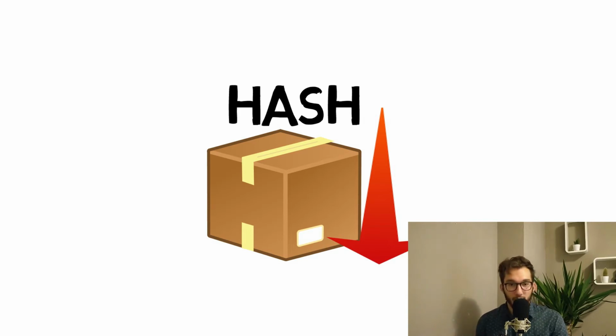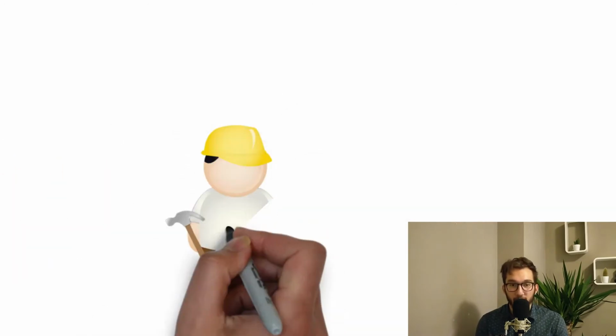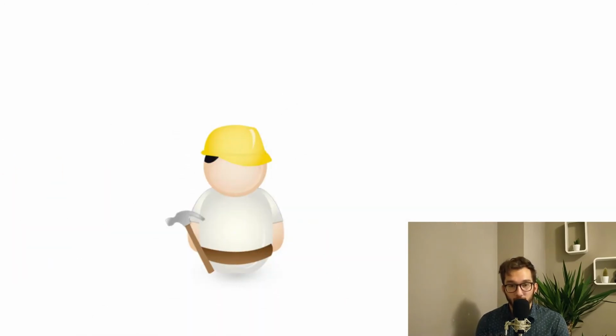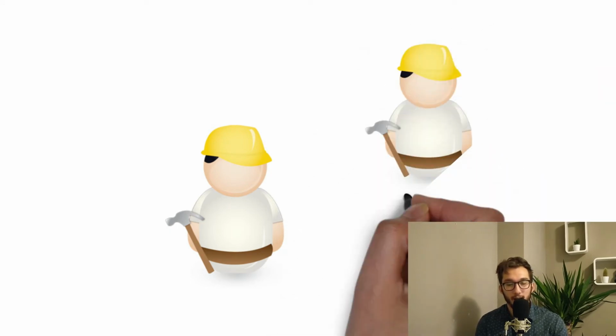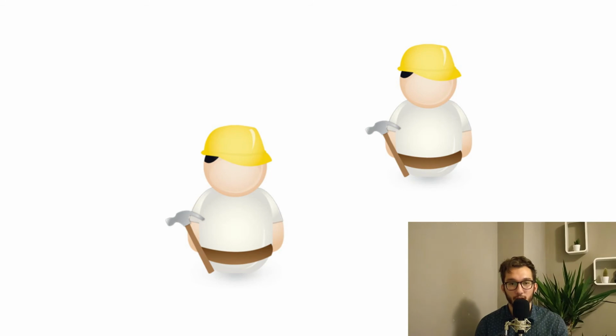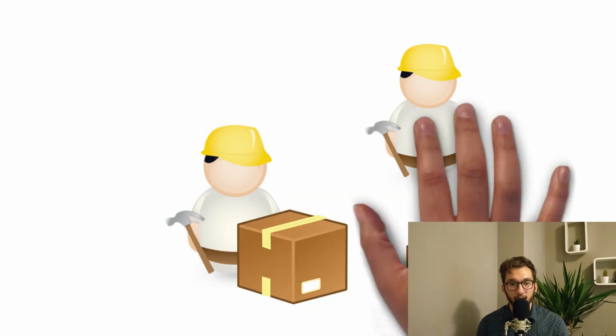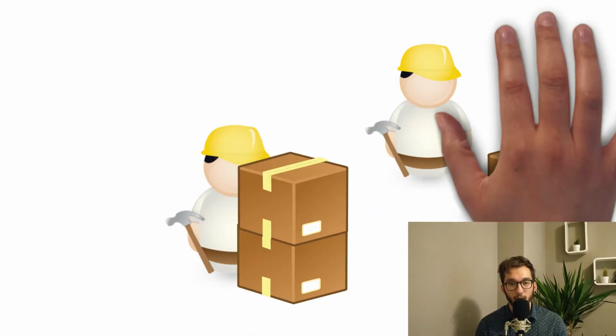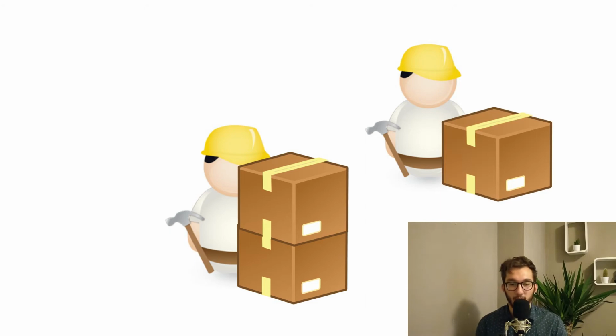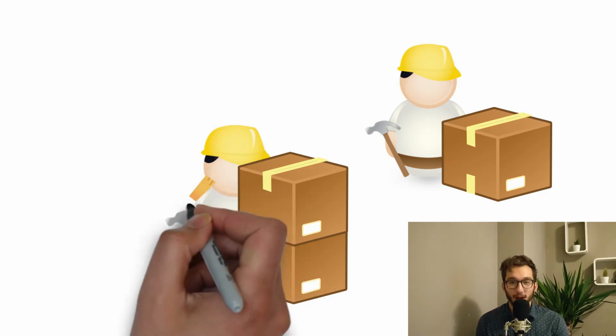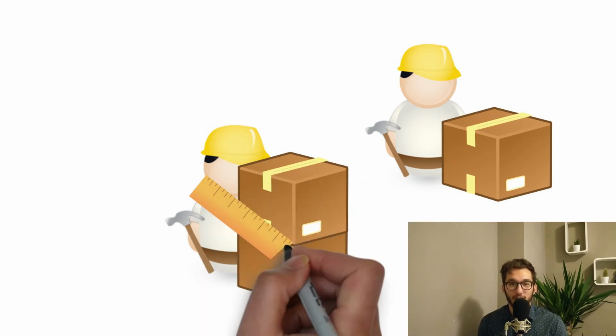So if we now have this box filled up with the signed articles, the miners, so the warehouse workers, there are more than just one, trying now to stack them on top of each other. They are taking one box and putting it on top of the next one. But the main thing here is all the miners are doing this at the same time, and they have to show some proof of work, it's called.